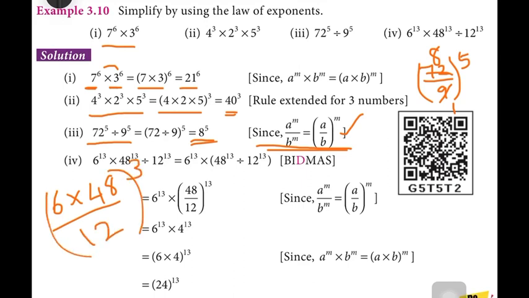If you learnt the BIDMAS rule, you can use it, or you can use this method, 6 into 48 division. 1 twelve is 12. How many 12s are 48? 4 times, isn't it? 4 twelves are 48. 6 into 4, that is 24. 24 the whole power 13.